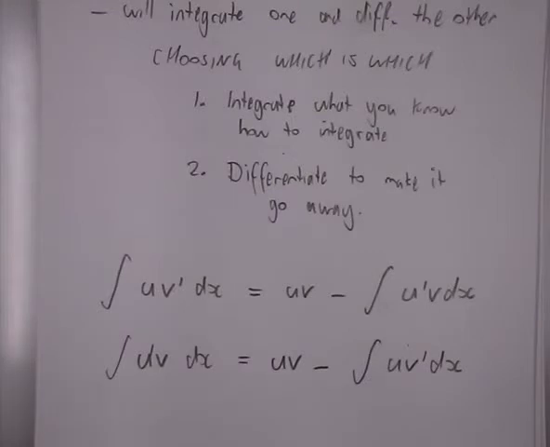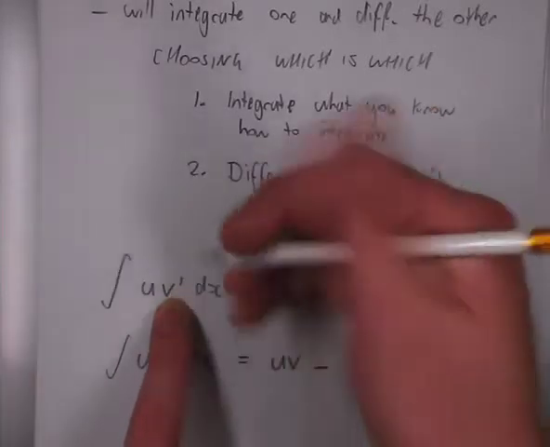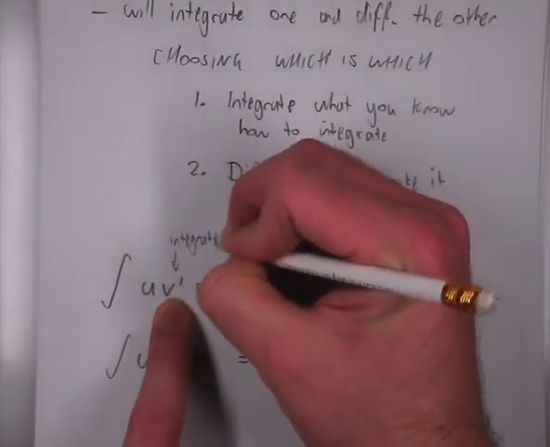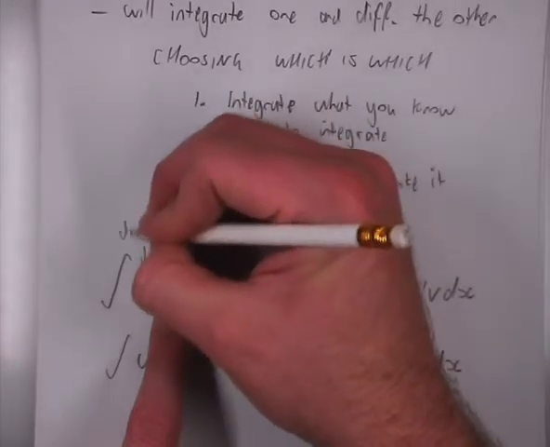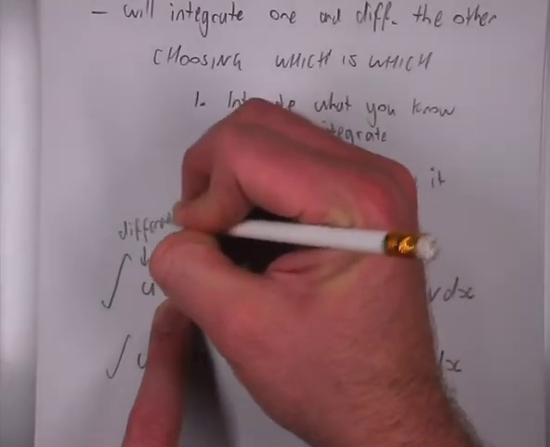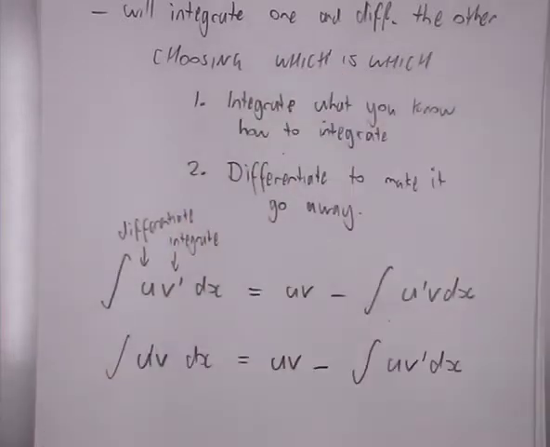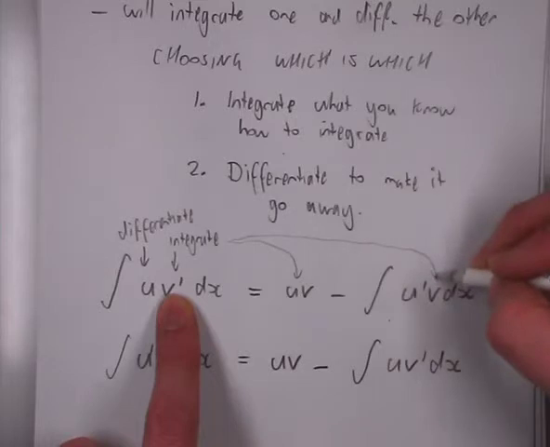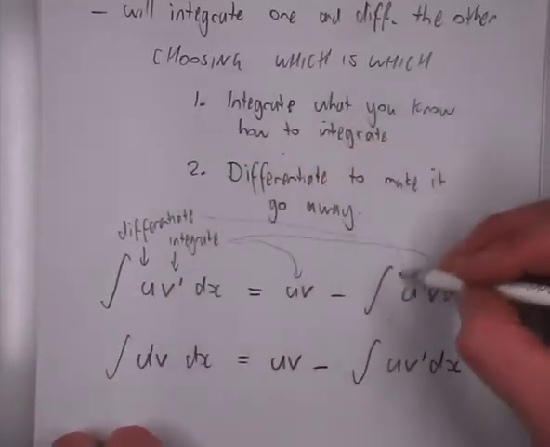Okay? And what we mean by putting a dash on this is to say it's been differentiated. So I actually need to look at it as something that's a function and something that's already been differentiated, so I have to integrate it. So this dash is saying integrate this one. And this one's saying differentiate this one. Okay? So when I integrate the v, it ends up here and here. And when I differentiate the u, it ends up there.